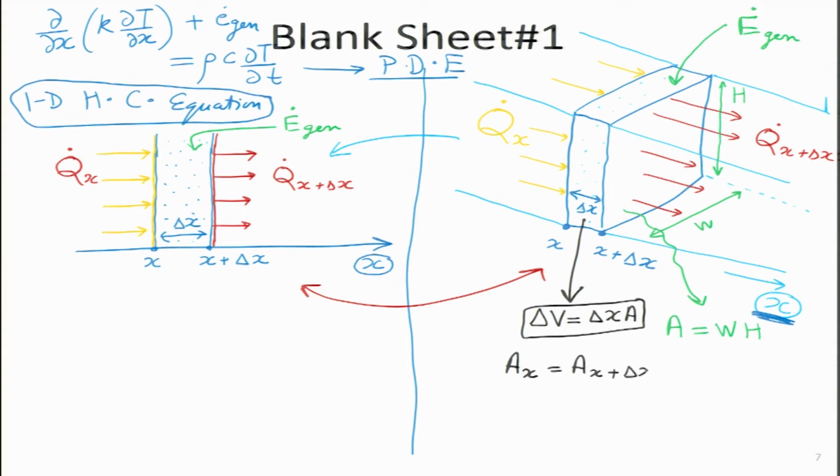In a general case, they may or may not be equal, but over here, when I write this black equation at the bottom, what I am saying is that this face on the left hand side and this face on the right hand side both have the same area, which is generally true in a Cartesian coordinate, but we will see later in cylindrical and spherical coordinates this will actually not be true. I think this is what I had in mind for drawing this particular schematic, because drawing a good schematic will help us understand how to write the fundamental equations.